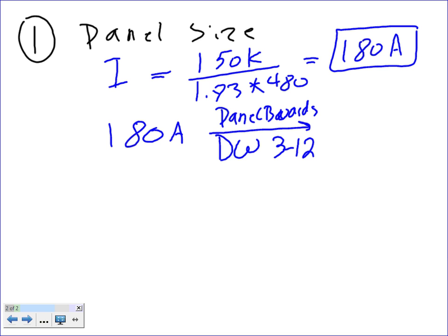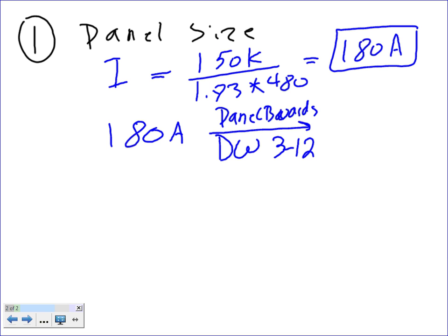Under panel boards from DeWalt, if you look at 3-wire single phase, 4-wire, the next standard goes from 60, 120, 150, 200. Did you guys see that? Everybody can see that 200?